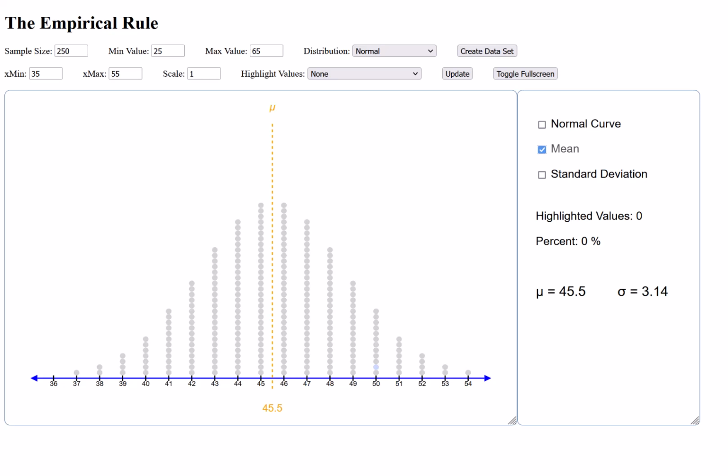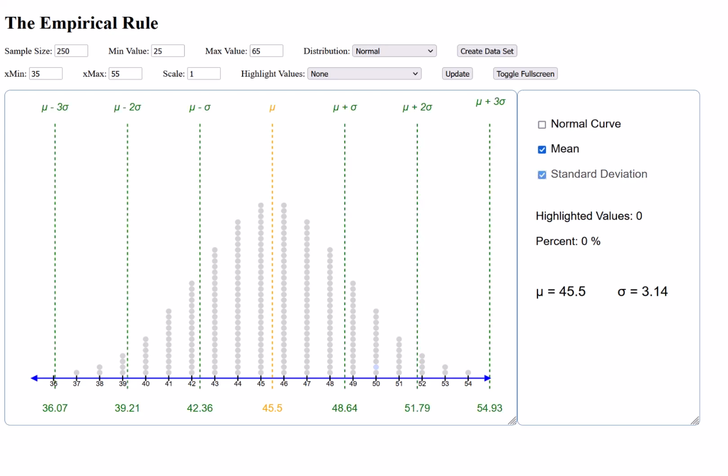Now, in terms of the empirical rule, what it gives us is a prediction of what percent of the data lies within certain values. And those values are multiples of your standard deviation. So, for instance, if I have my mean at 45.5, that's what's in yellow, and I take my standard deviation of 3.14 and add that to my mean, that gives me 48.64.